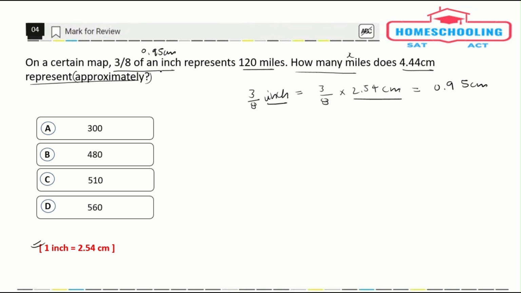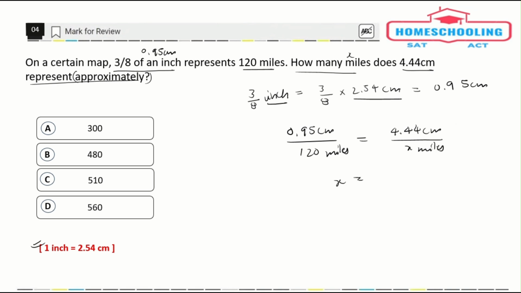So we have two sets of values here. So we will use the direct proportion or cross multiplication method. So 0.95 centimeter represents 120 miles, which is equal to 4.44 centimeter, and we have to find how many miles that is.